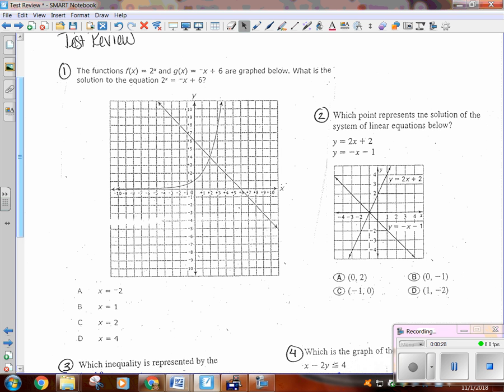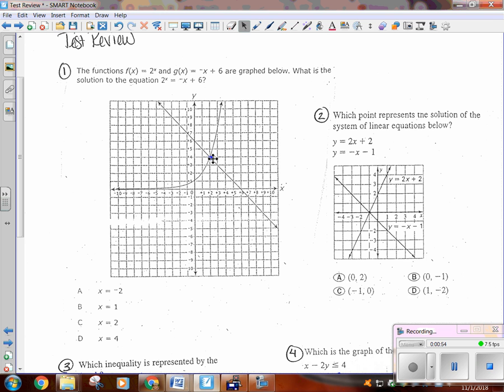Number 1, the functions are graphed below. What is the solution? Remember, even though this is technically not a system solution that we've been doing, because we've been doing two equations that make straight lines, a system is solved where the two equations cross each other. So if you look closely, this one crosses right here at the blue point.